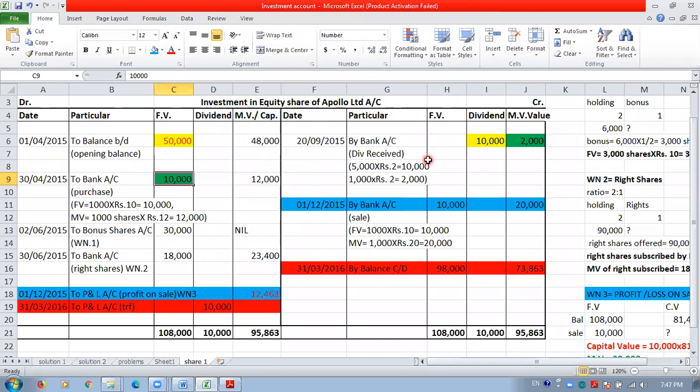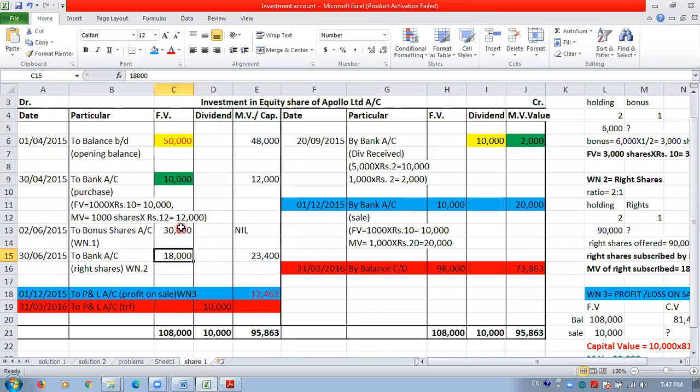So likewise we have to calculate the dividend. On 50,000 face value we calculate the dividend, and that should be entered in the dividend column. And in case of in-between year purchase of shares, we enter the dividend on the market value column, as it is going to reduce Mira's cost of capital. Okay, and you may be confused about why it is not on bonus shares or right shares. These bonus shares are newborn shares, and right shares are also newborn shares.